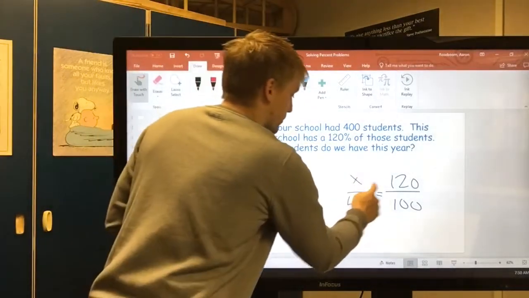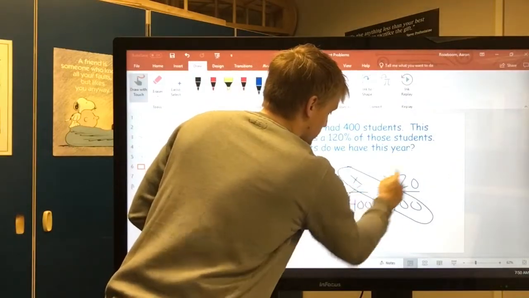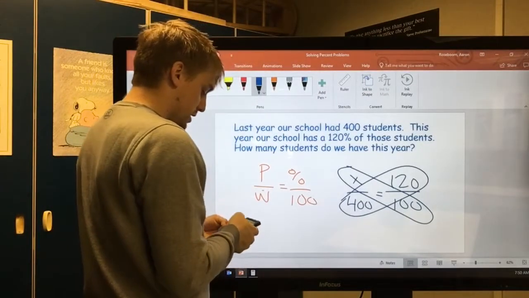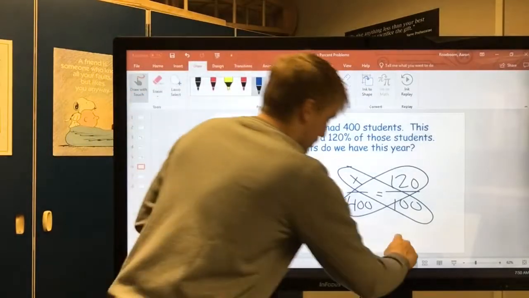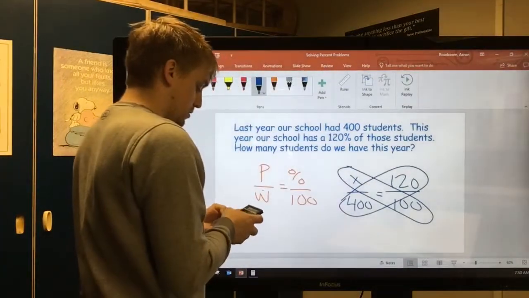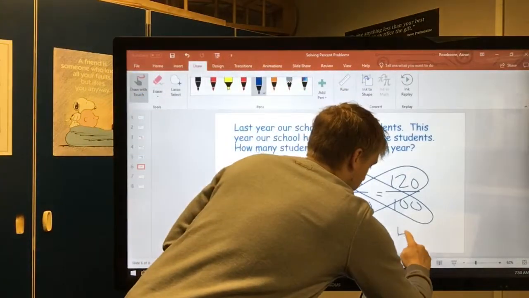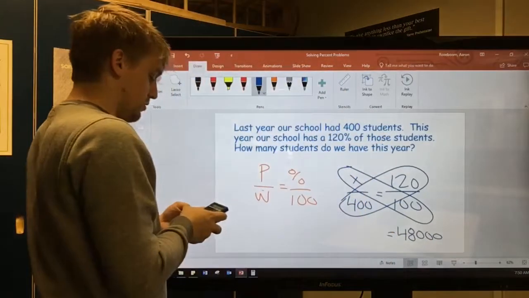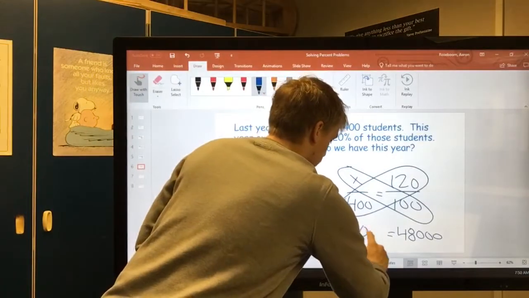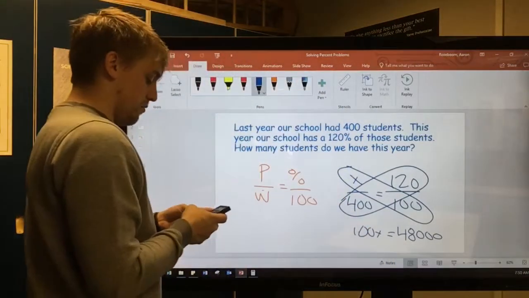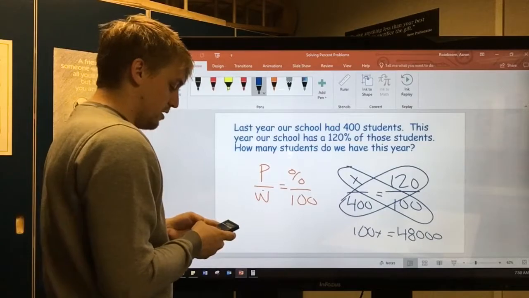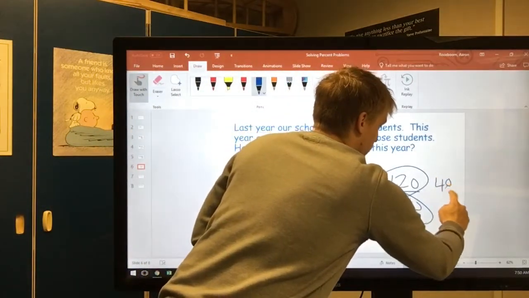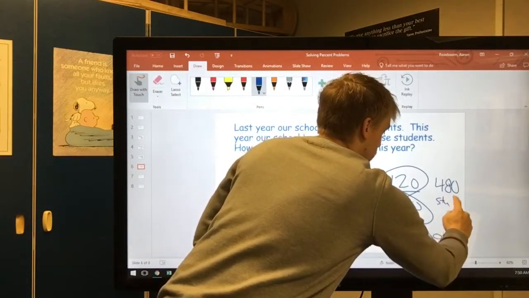So we're going to solve for this, and when we do this, cross multiply and divide. 400 times 120 is 48,000. 100 times x is obviously 100x, and then we take 48,000 divided by 100. If you don't know that, you can do that on your calculator. So our answer would be 480 students.